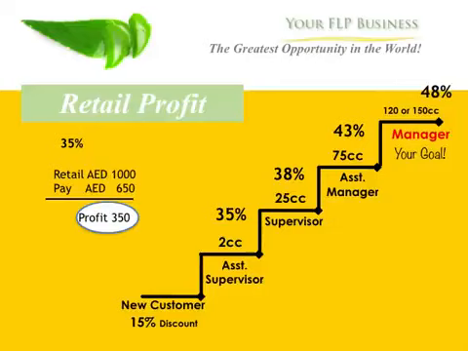Once you have a customer and you would like to sell at original price, let's say you are selling products worth 1,000 dirhams originally, and when you purchase these products from Forever, you will only pay 650 to Forever Living Products. So when you sell it to your customer at 1,000, your retail profit is 350.